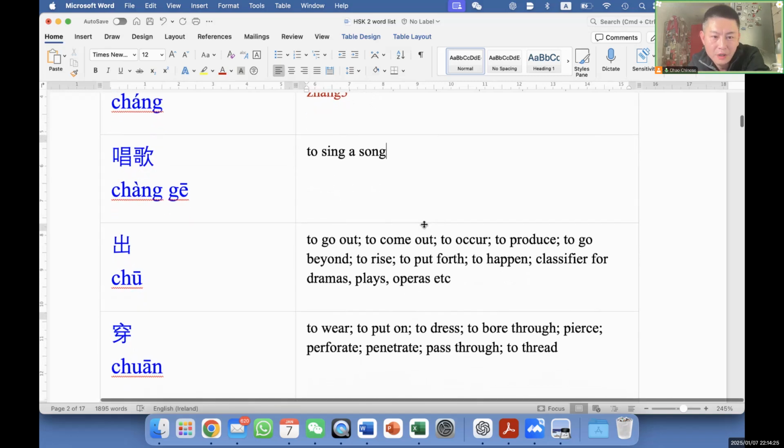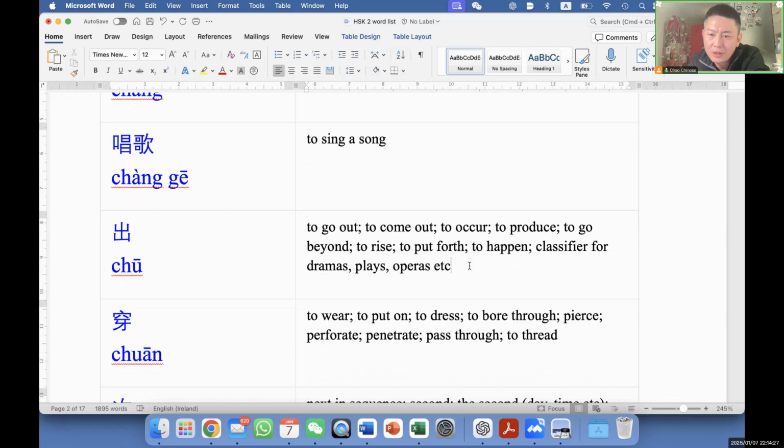出 is to get out, go out, produce, to go beyond, put forward, to happen, classifier for dramas. Can you find some sort of a connection between all these meanings? I think I can. To something happens, a drama, okay, a drama that's being pushed out.